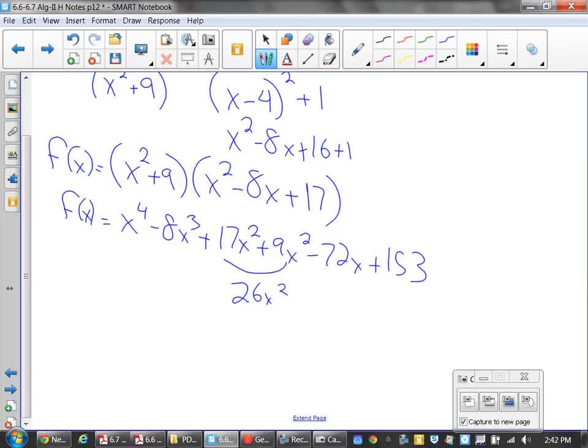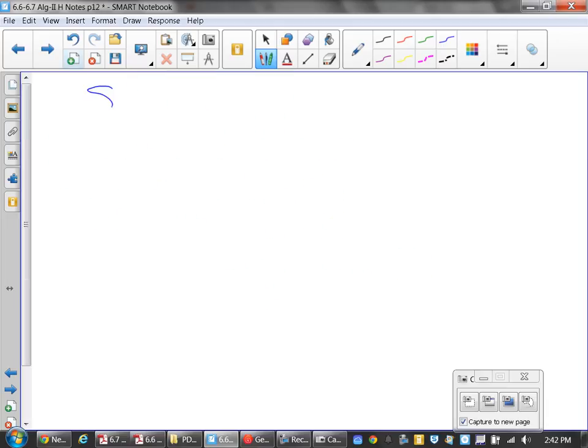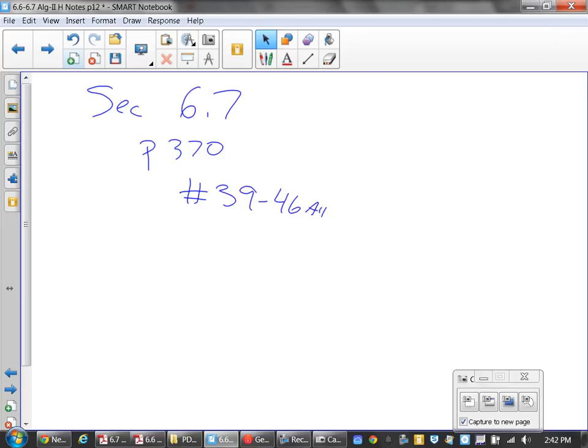Okay. What I want you guys to do tonight is still section 6.7, page 370. I want you to build those functions. It's a mixture: some of them are just plain old boring integers, some of them are imaginary, some of them have the imaginary pluses and minuses.